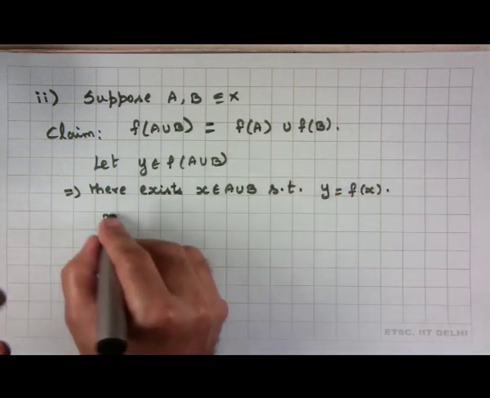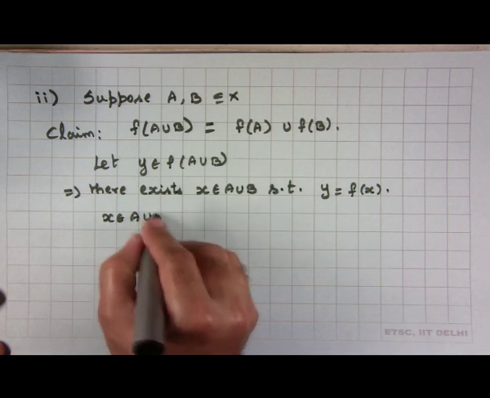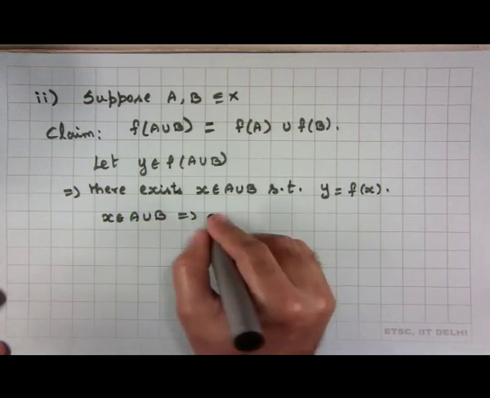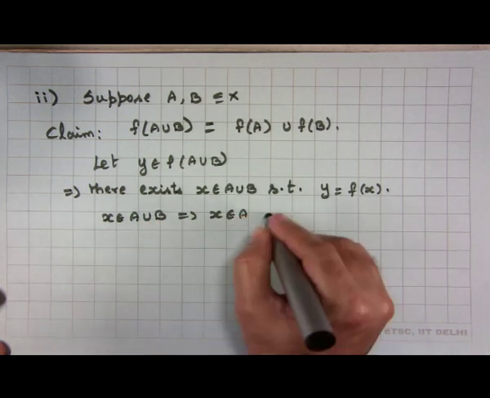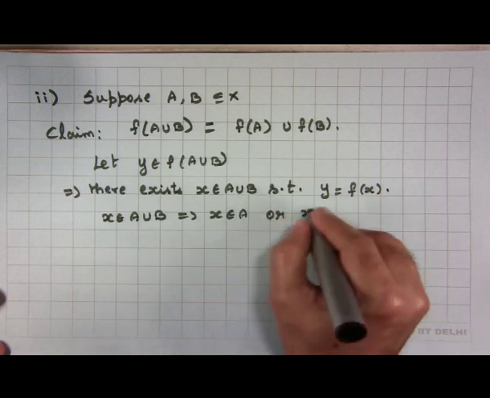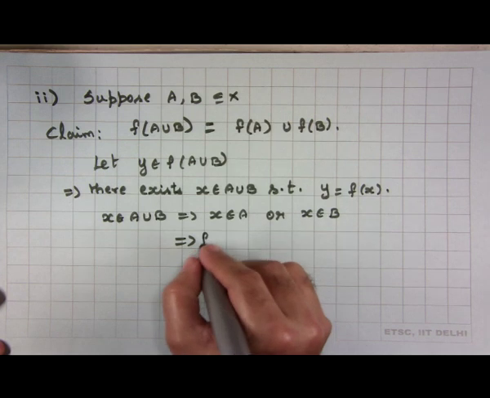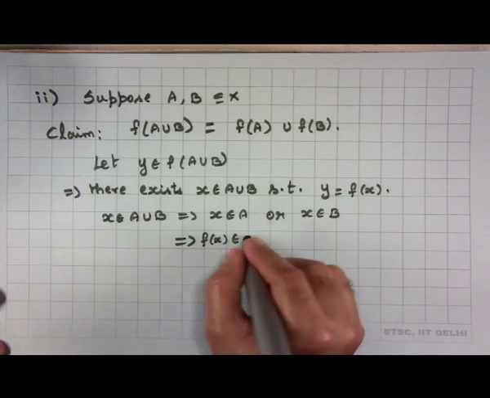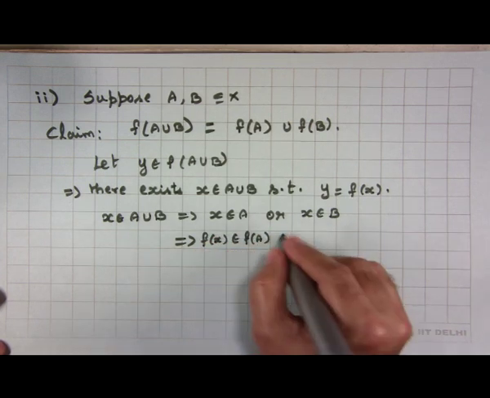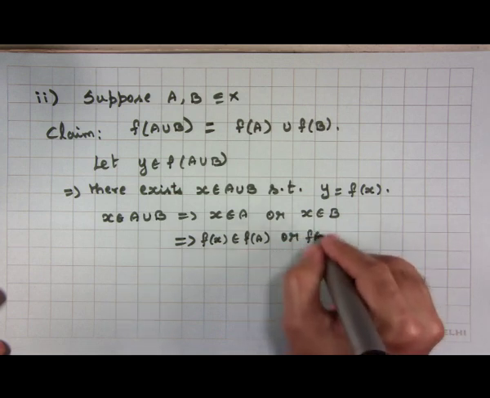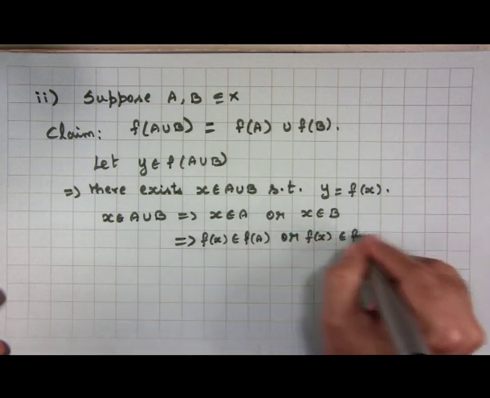Now, x belongs to A union B, that implies x belongs to A or x belongs to B. That immediately implies f x belongs to f A or f x belongs to f B.